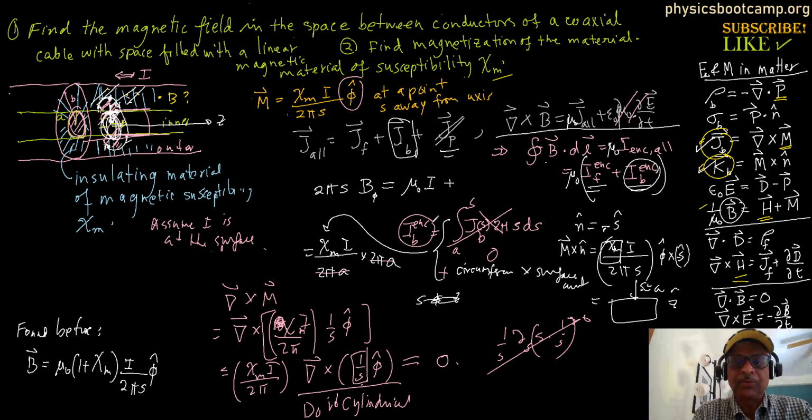So the I enclosed for the bound current will be chi m I. So this is mu naught chi m I.